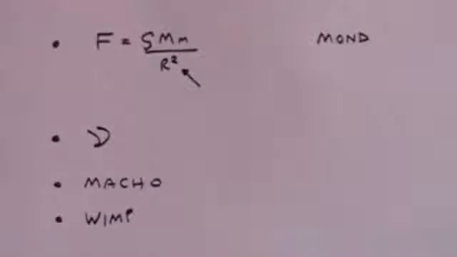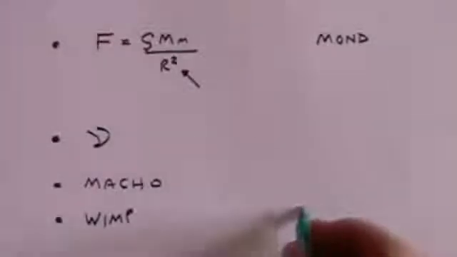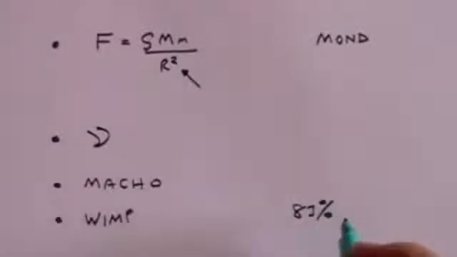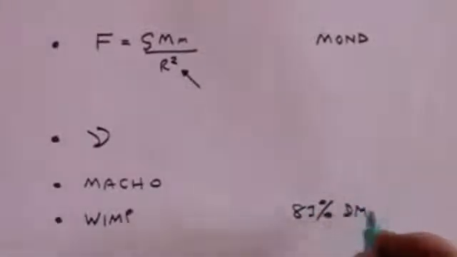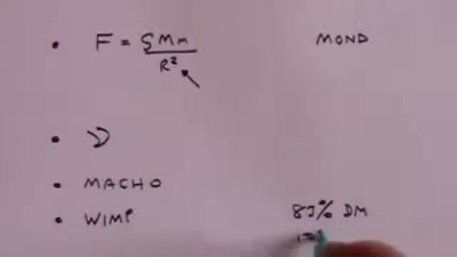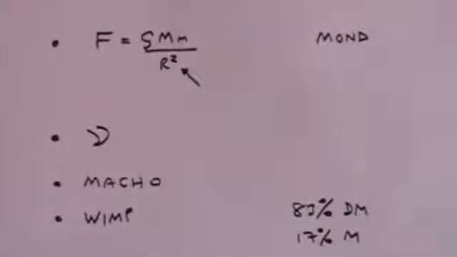To give you some idea, it is generally reckoned that of all the matter in the universe, 83% of it is dark matter, and only 17% of it is the matter that we would recognise as such.